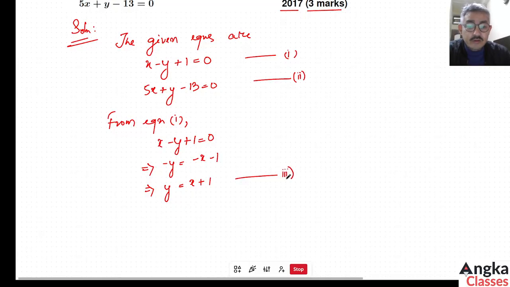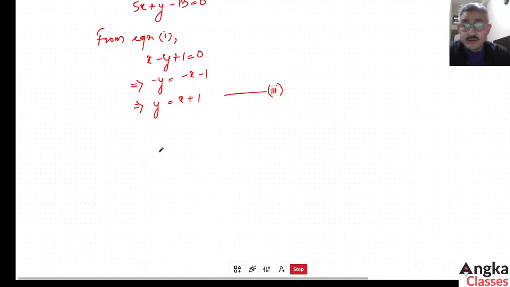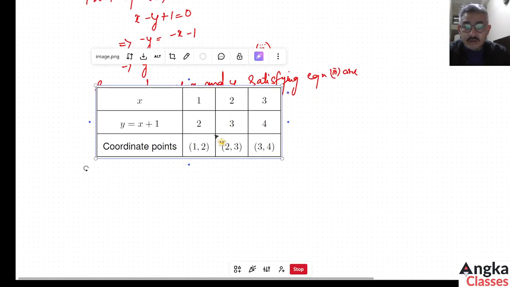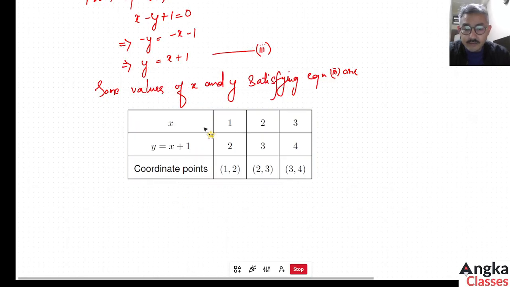So for equation 3, we put values of x and y. So some values of x and y satisfying equation 3 are, in a table. y is equal to x plus 1.